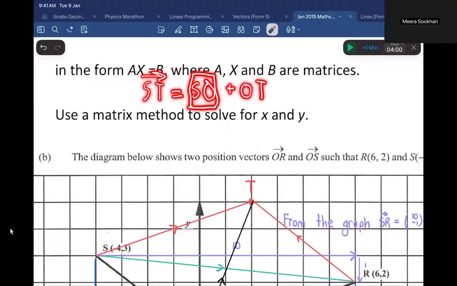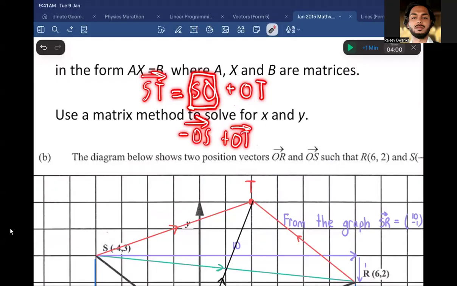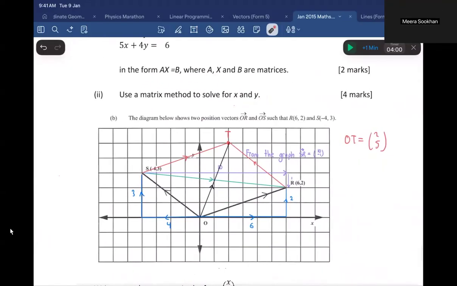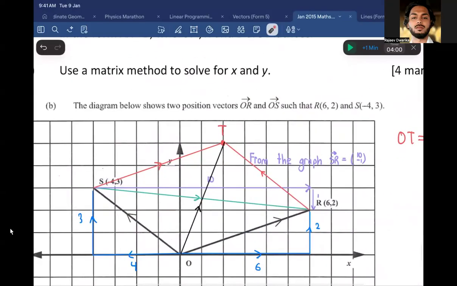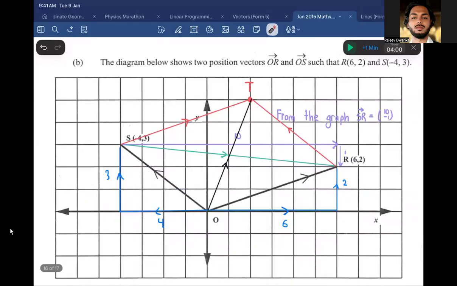No, we don't. Well, we have OS, so we need to write SO in terms of OS. So SO is just negative OS plus OT. That's called the triangular rule of vectors. Why? Because it forms a triangle.